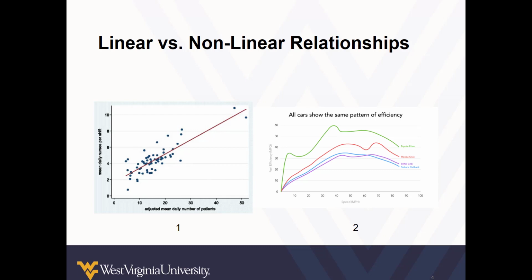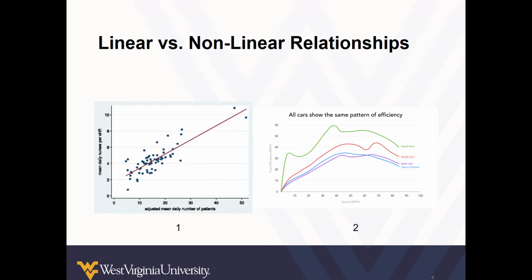And while these are all cars, they're fairly different, the Prius being a hybrid, and the 328i and Outback having somewhat larger engines than the Civic. But we see that they all seem to have a very similar relationship when it comes to fuel economy, and that is it improves with speed up to a point, but then once you hit about 60 miles an hour, fuel economy tends to drop as speed increases.